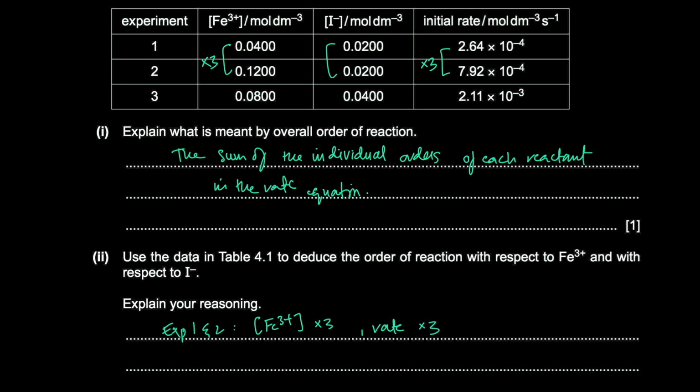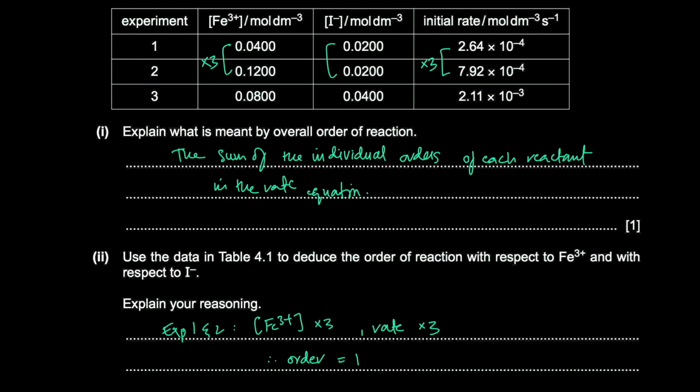So therefore, we can say that the order with respect to Fe3+ is order 1. The rate changes by the same factor as the concentration. Now, to find the order with respect to iodide ions, we can compare experiments 1 and 3.